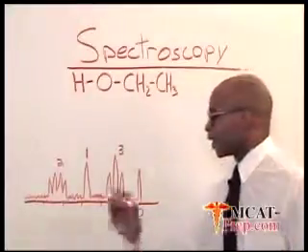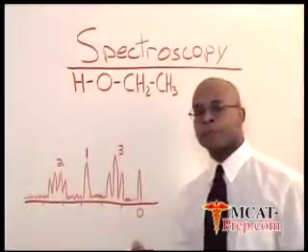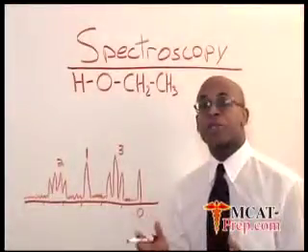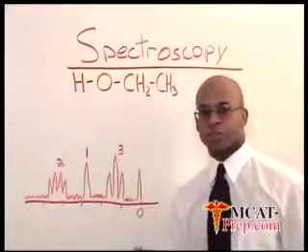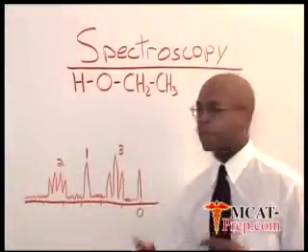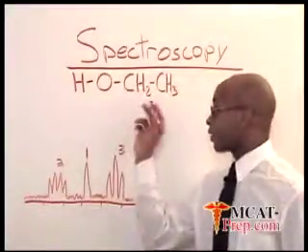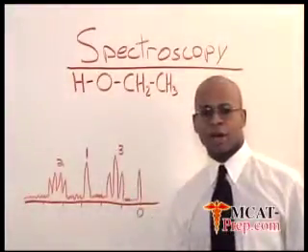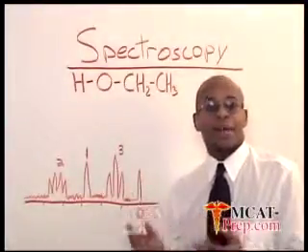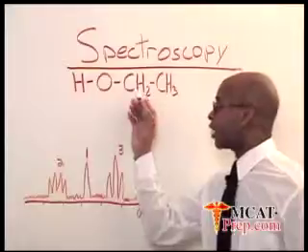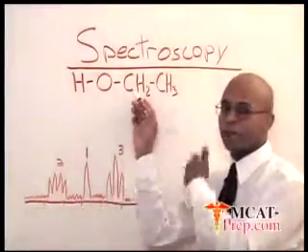For example, there are 3 groups of peaks here, and when we look at the chemical, there's 3 places where hydrogen can live. Hydrogen can be attached to oxygen, that's one place. Hydrogen can be attached to the carbon in the middle. There happen to be 2 hydrogens attached to the carbon in the middle, but both of those hydrogens share the same environment, meaning that if you're a hydrogen on this carbon, you've got an oxygen to the left and a carbon to the right.